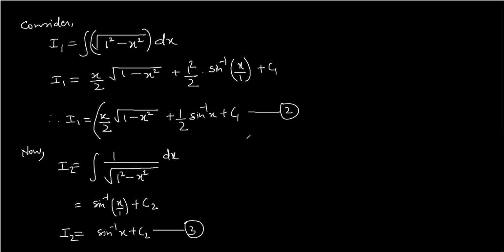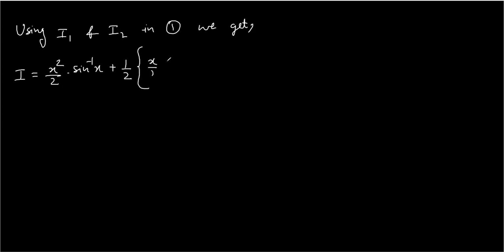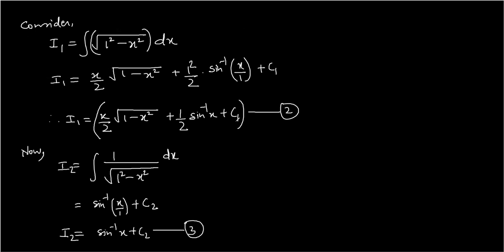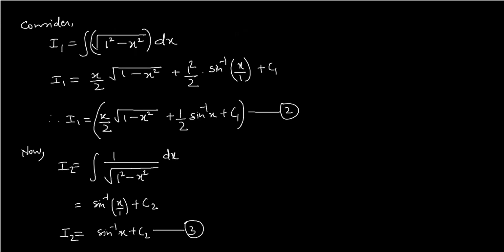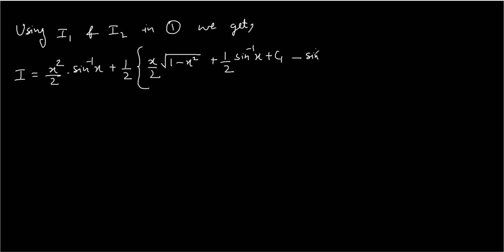I1 was this. So you will write x by 2 square root of 1 minus x square plus 1 by 2 sine inverse x plus c1, and minus I2. So minus sine inverse x minus c2.